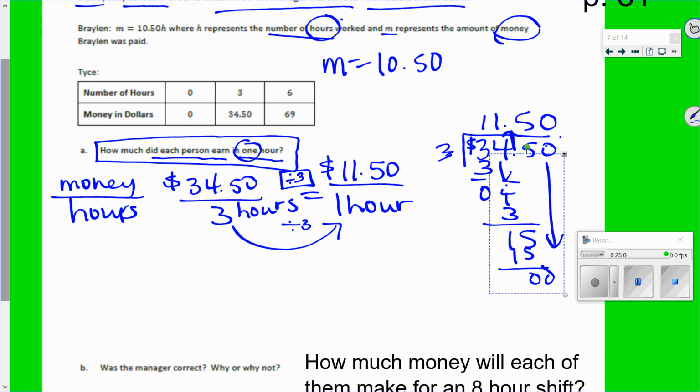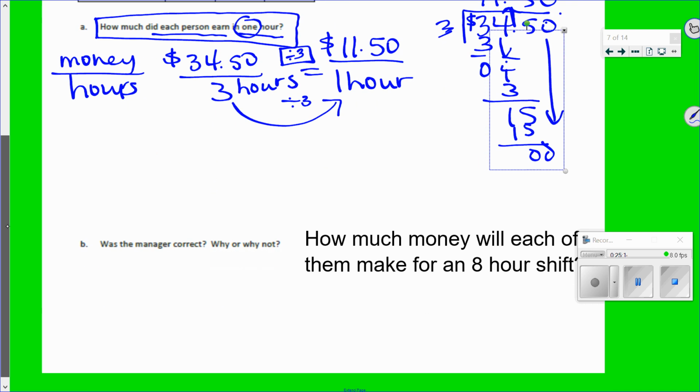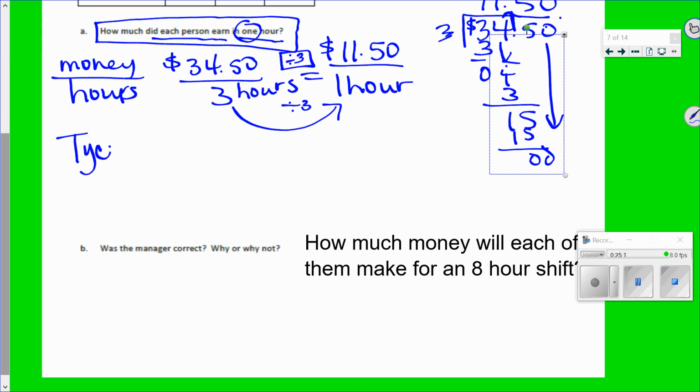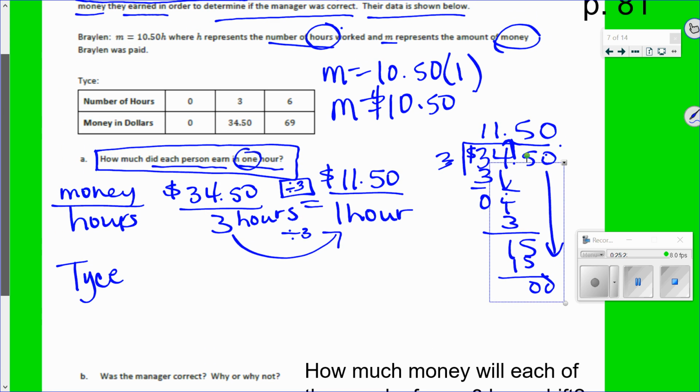How many hours do we want to know? 1 hour. Mary's right. So the money he makes is 10.50. M is the money. Because right here, guys, you plug in how many hours you want to know.